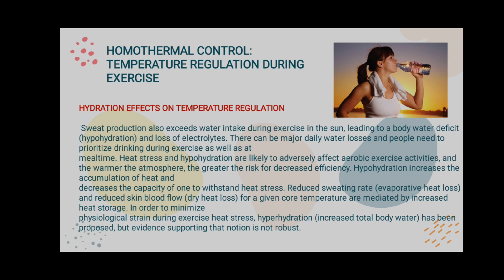Heat stress and hypohydration are likely to adversely affect aerobic exercise activities, and the warmer the atmosphere, the greater the risk of decreased efficiency. Hypohydration increases the accumulation of heat and decreases the capacity to withstand heat stress.